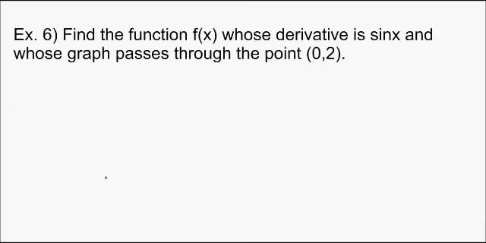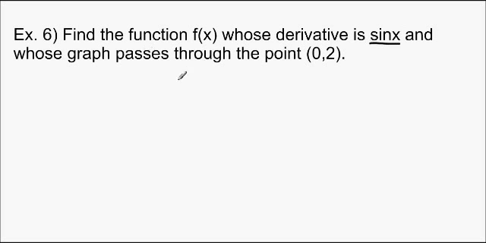Example 6. Find the function f of x whose derivative is sine x and whose graph passes through the point (0, 2). Well, this is simple enough. Basically, we have to ask ourselves, who has the derivative of sine x?